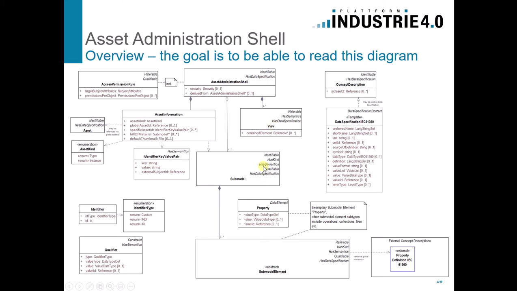View and submodel also inherit from HasSemantics. Submodel inherits from Qualifiable and so on. These abstract classes are very important to understand the metamodel of the asset administration shell. That's why we now start with these classes, and in the specification you also find a complete chapter explaining all of these abstract classes chapter by chapter.